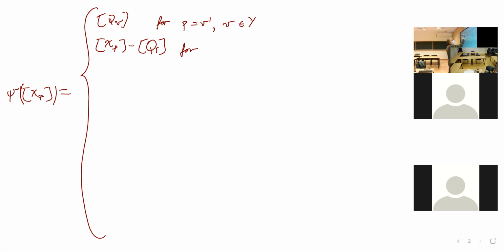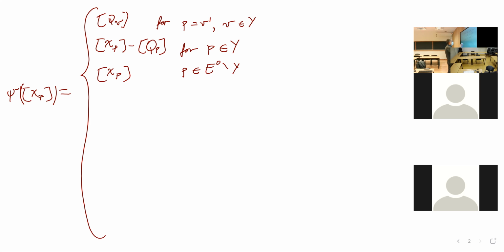Q P, for simply P in Y. And we have this lazy part when P is in Y naught less Y, then this is simply the class of chi P. So nothing happens here.